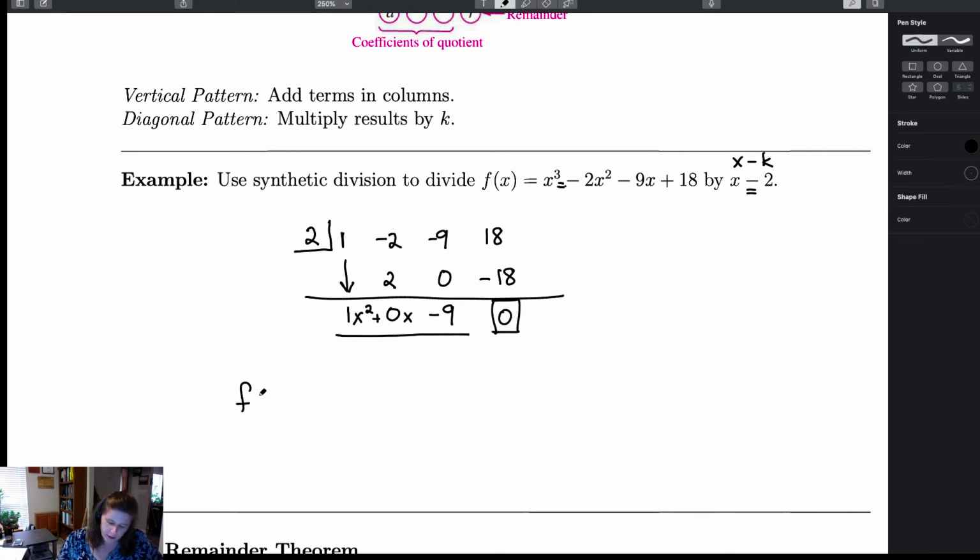So far my function f of x is equal to x minus 2, that's the factor we were dividing out, times x squared minus 9, and we can factor that further into x minus 2, x minus 3, times x plus 3.